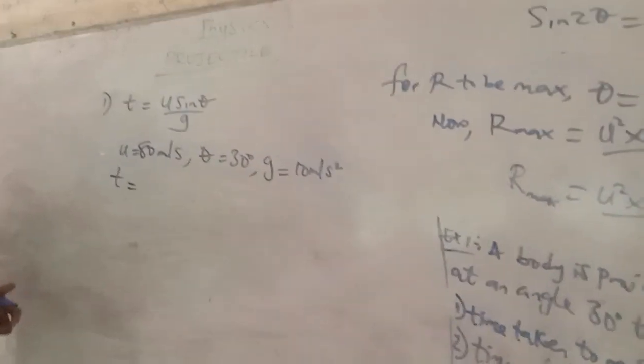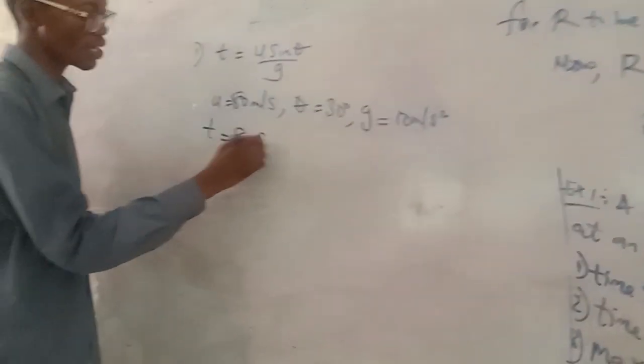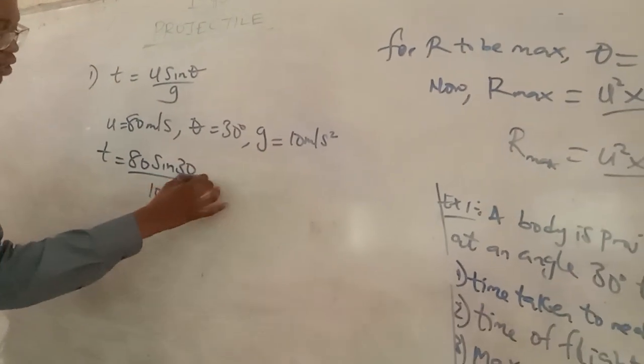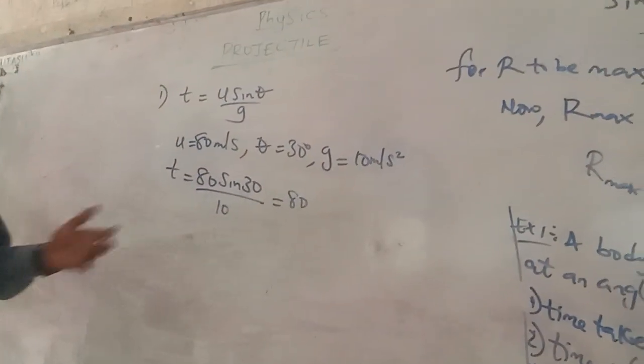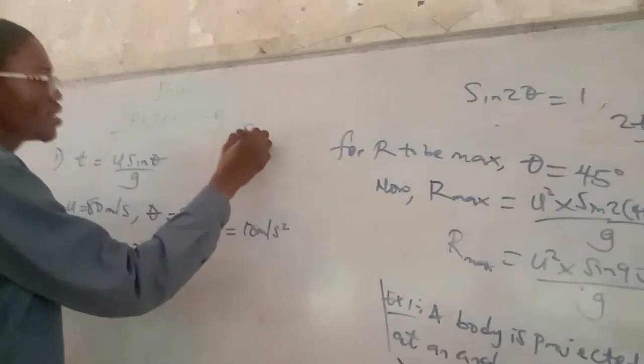The time taken to reach our maximum height is t equals, what is our u? That is 80 sine 30 over what? Over 10. Now what is sine 30? Please, all these are special angles. You don't need a calculator to solve all these things.